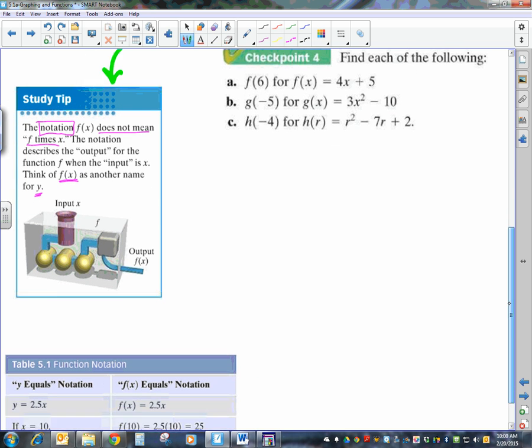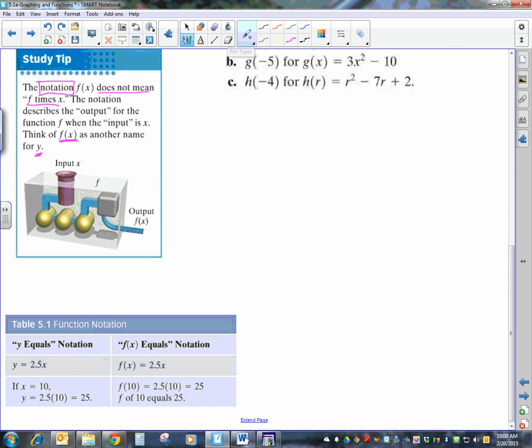Okay, and I gave you some more examples down here so that you'd be familiar with that notation. So when you go down, y equals 2.5 times x. That's the same thing if it says f of x equals 2.5x. If I ask you find y when x is 10, then it would be this in function notation.